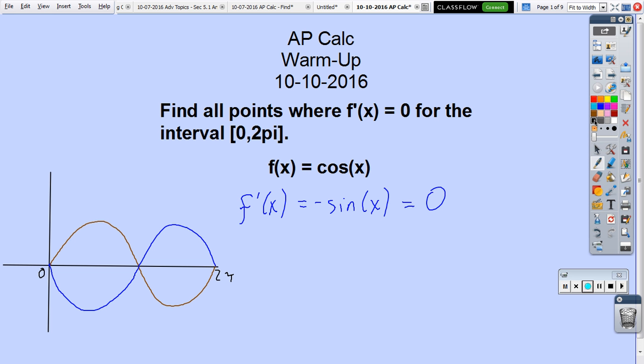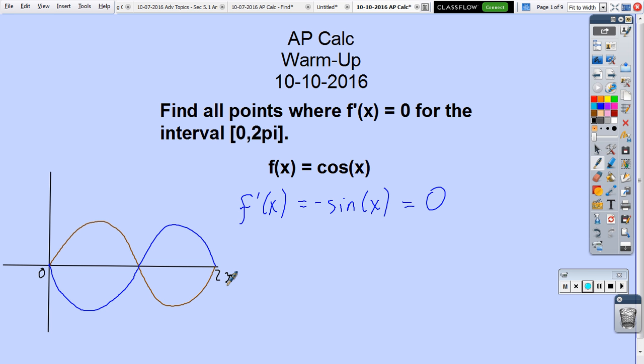Alright, so a full period, this is one of the things you should retain, but if not, that's okay. Sine, cosine, and their reciprocals have a period of 2 pi. Tangent and cotangent are the ones that have a period of just pi.